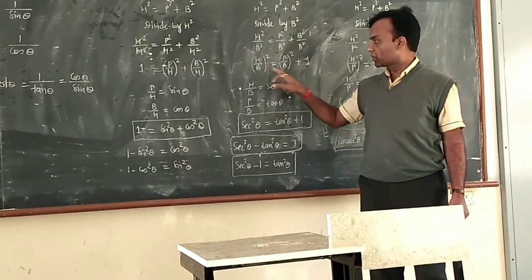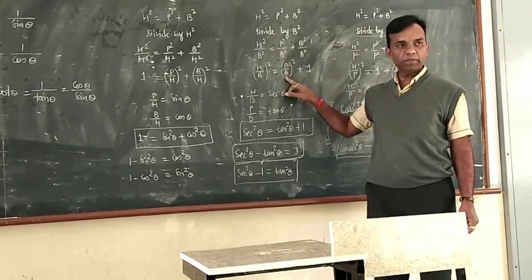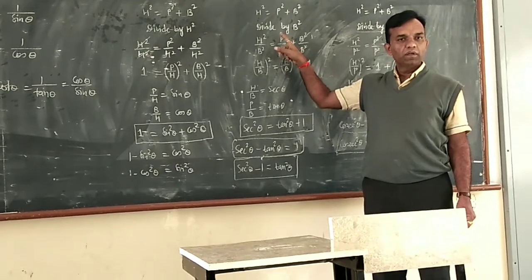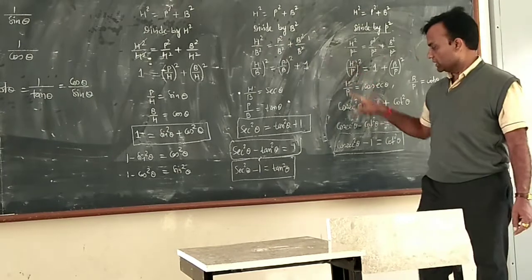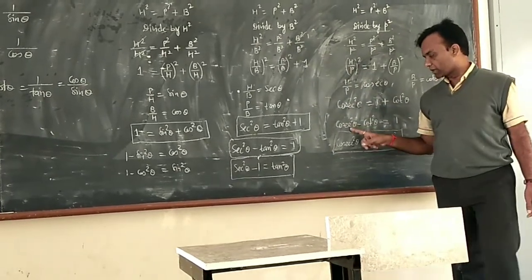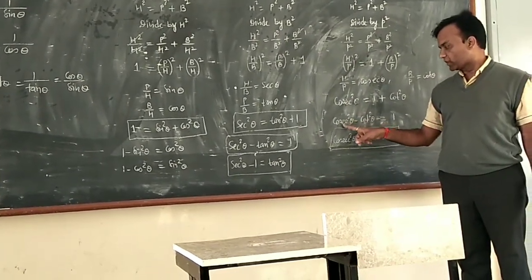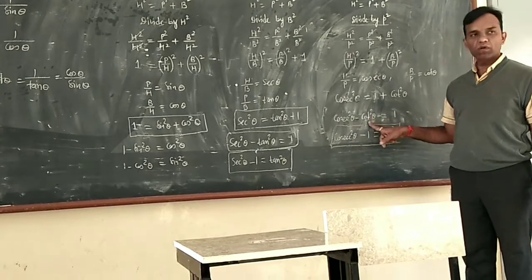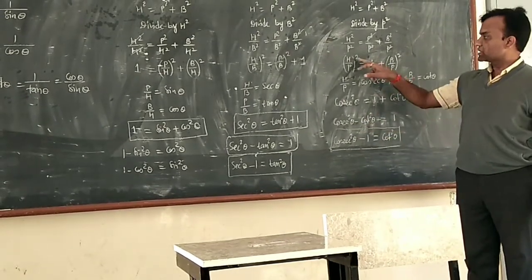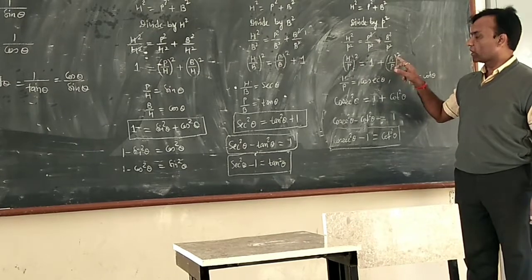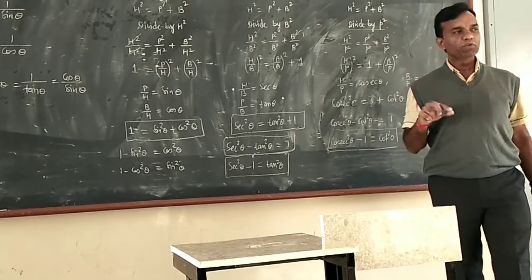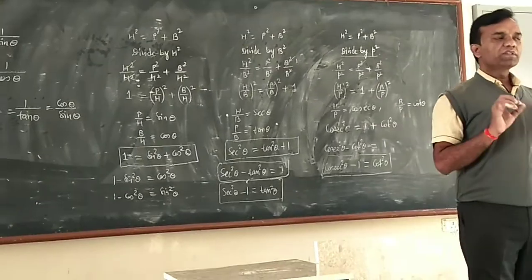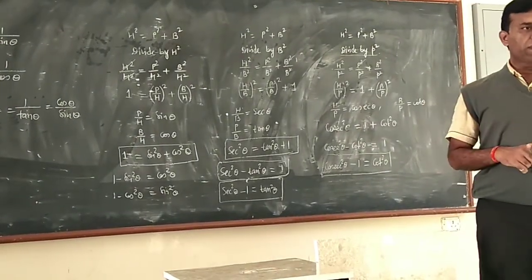Both trigonometric ratios have b as the denominator, therefore divide the Pythagoras theorem by b square. Similarly, if you have to show the identity with cosec square theta and cot square theta, cosec is h by p and cot is b by p. Again both have the same denominator p, so very simple concept, you divide by p square.